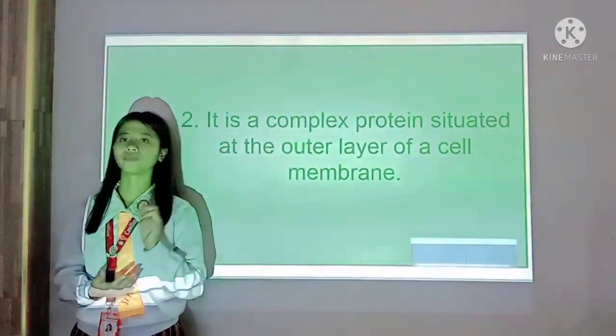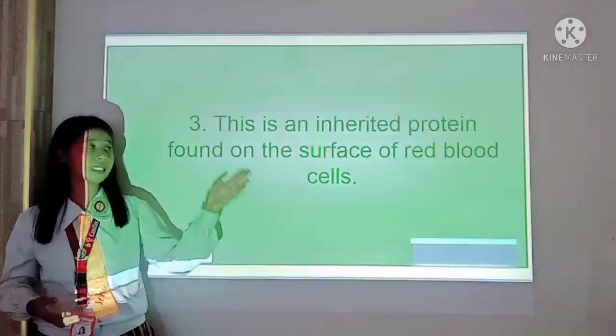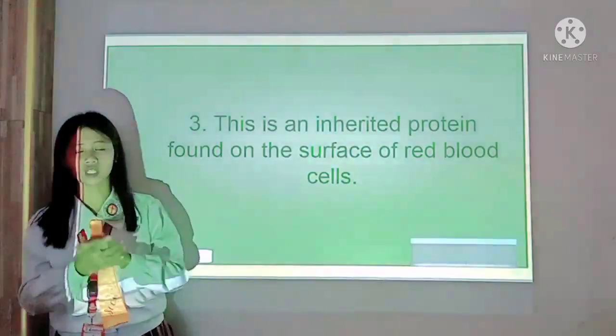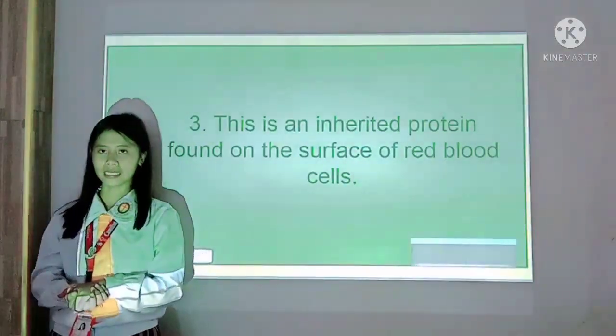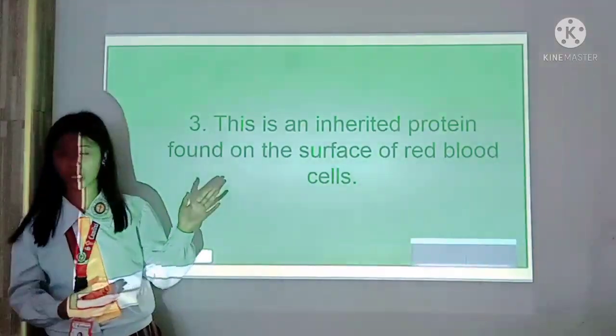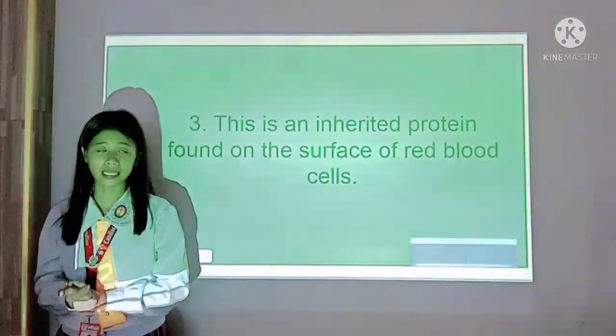Number 3. This is an inherited protein found on the surface of our red blood cells. I repeat, this is an inherited protein found on the surface of our red blood cells.